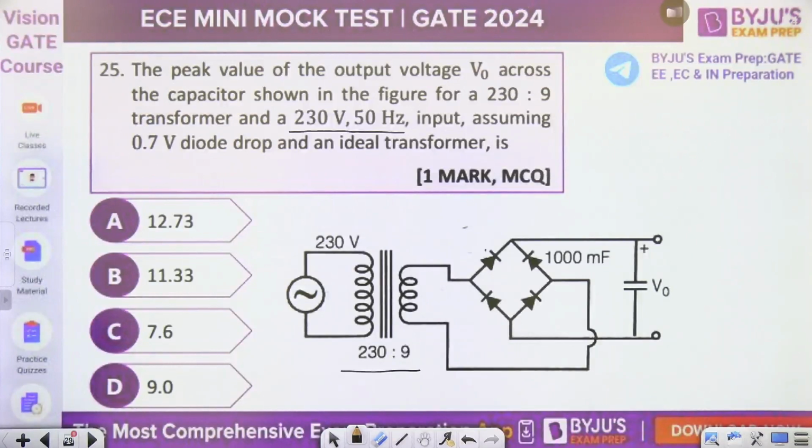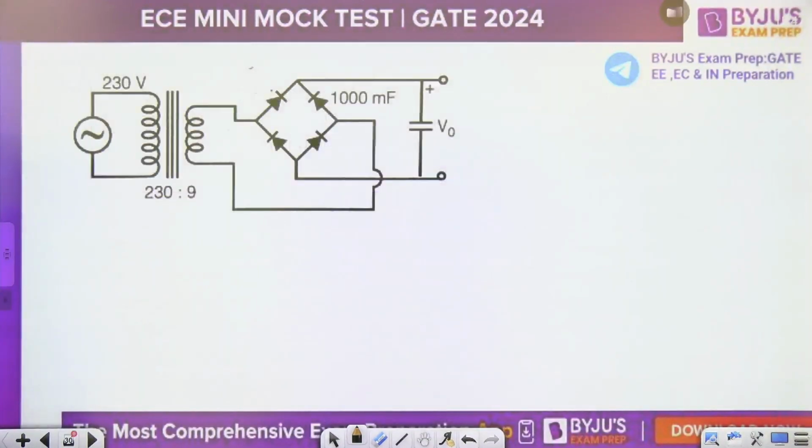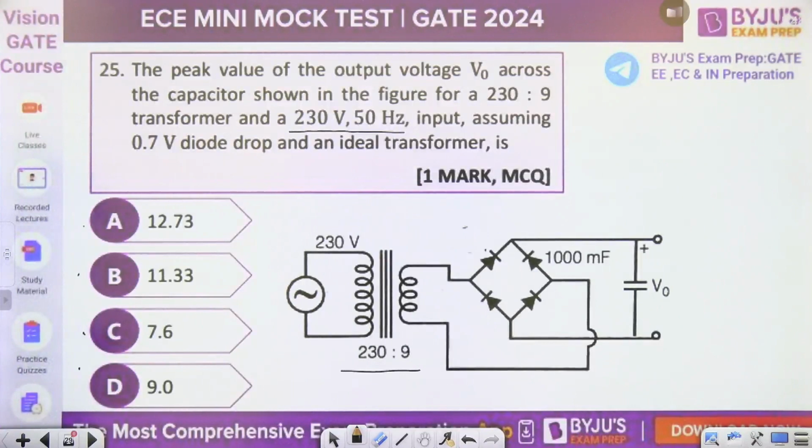The transformer is ideal. Options: 12.73, 11.33, 7.6 and 9.0. Read the question and solve according to you. Try to solve this question.